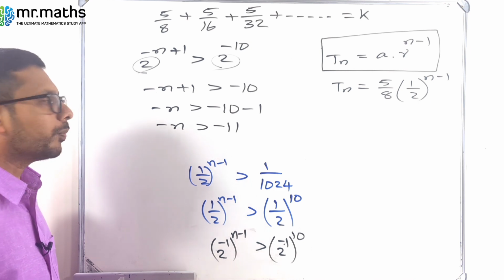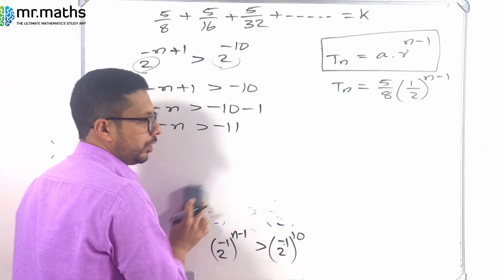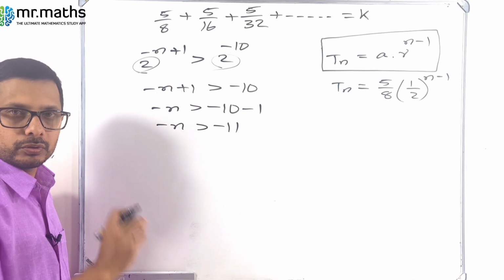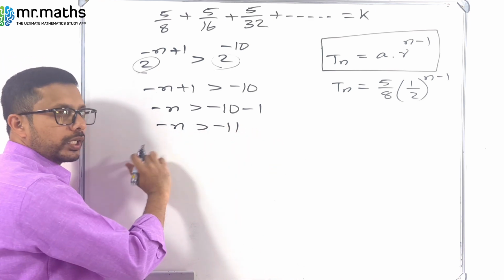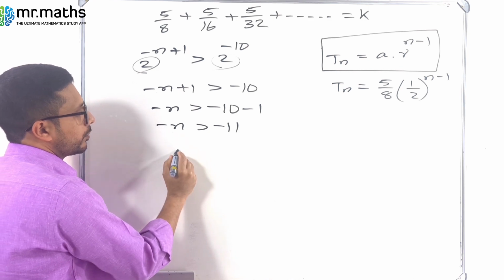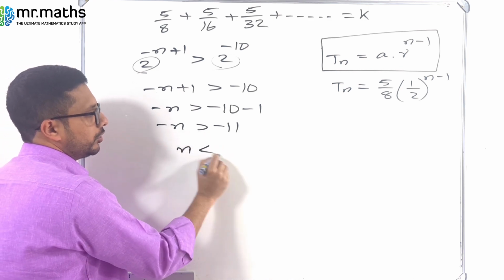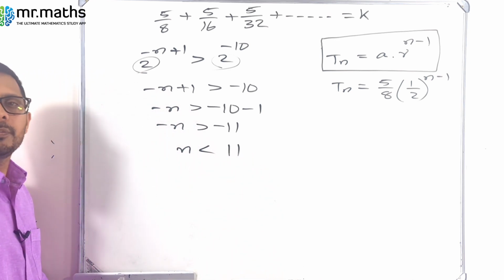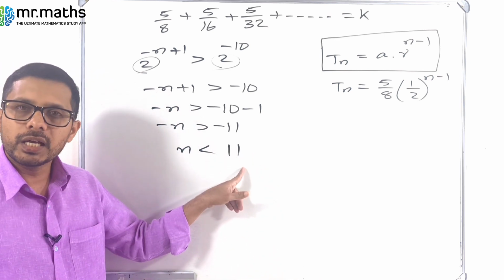If I want to multiply, don't forget that this is an inequality. I can multiply both sides, but then I have to change this sign. Minus into minus is positive n, then we have to change this to less than, and it is 11. So it means that n is less than 11.